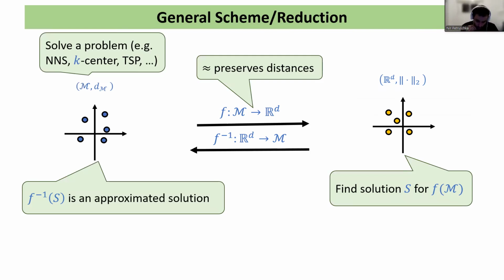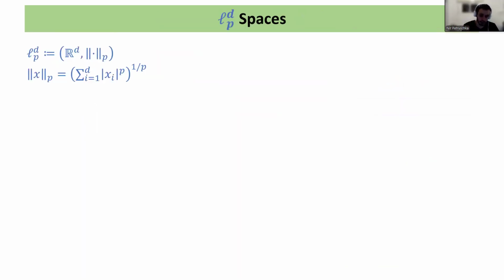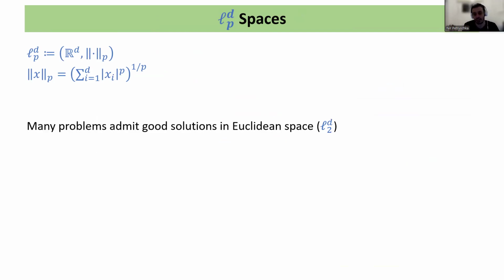Okay. And for LP spaces, maybe a natural candidate is the Euclidean space, as we understand the geometry of the Euclidean space better, so we know that many problems admit good solutions in the Euclidean space. And we might think that maybe we can find such a function that even exactly preserves the distances.